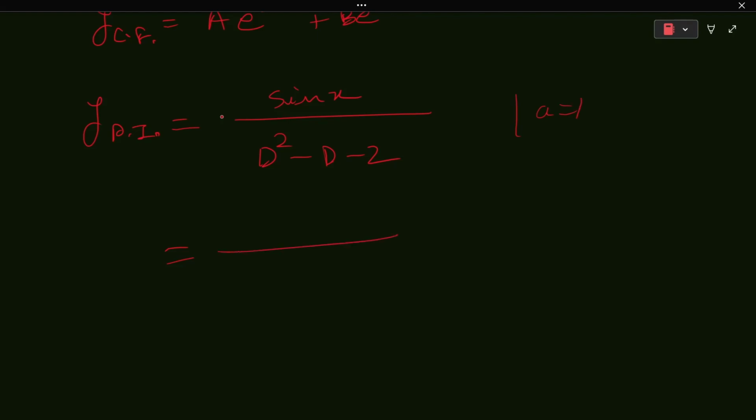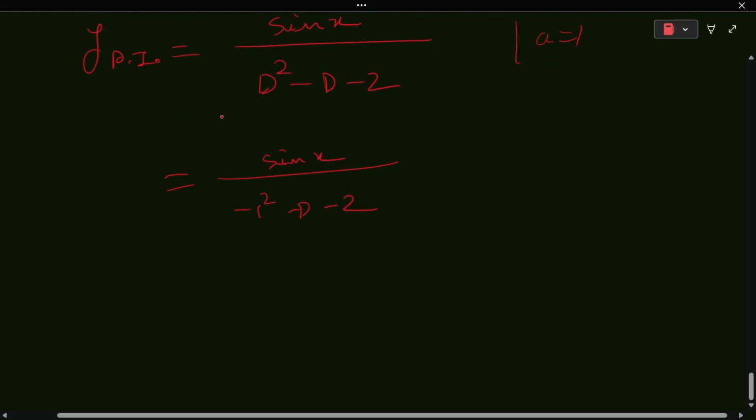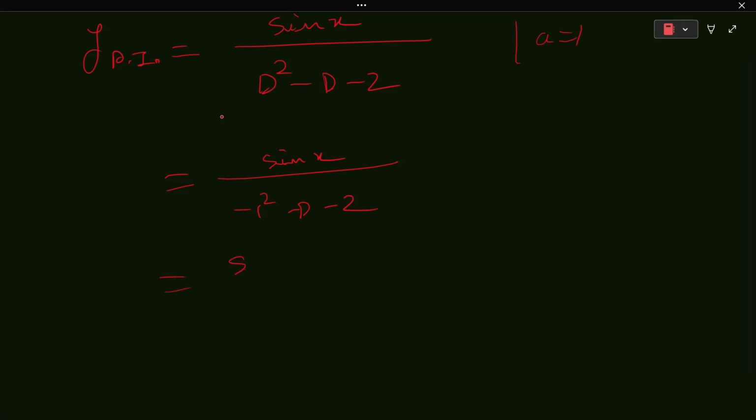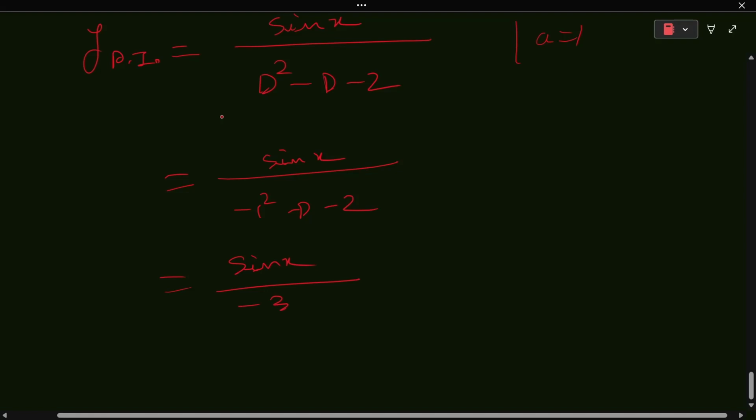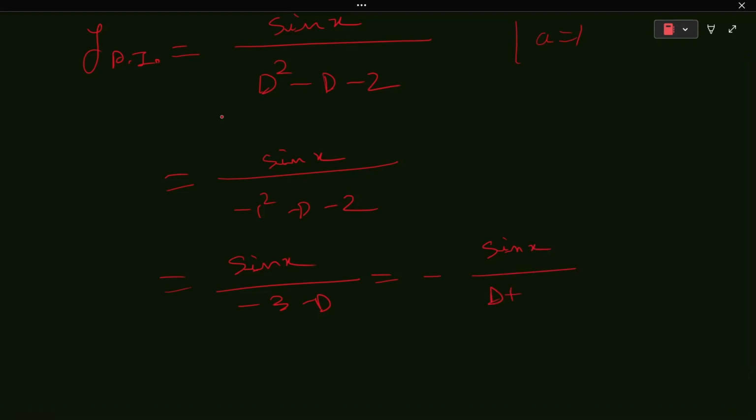Let's write it down here: minus 1 square minus d minus 2 of sine x. So minus 1 minus 1, so what we will have here is simply sine x by minus 1 minus 2, minus 3 minus d. So let's take the negative sign common, and we'll have sine x by d plus 3.